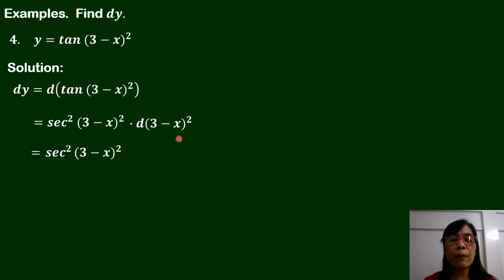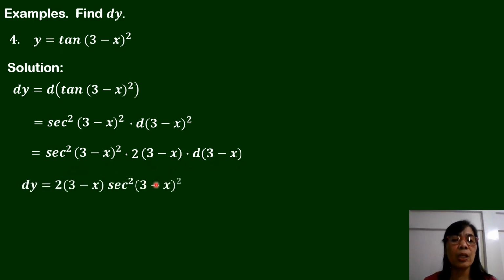Then looking at the function following the operator differential, we have the differential of a base raised to an exponent. So we can apply the power formula. That is equal to the exponent times the base raised to the exponent minus 1, which is equal to 1, times the differential of the base. So we just copy these factors. We can arrange the factors: we have 2 times 3 minus x, secant squared 3 minus x quantity squared.